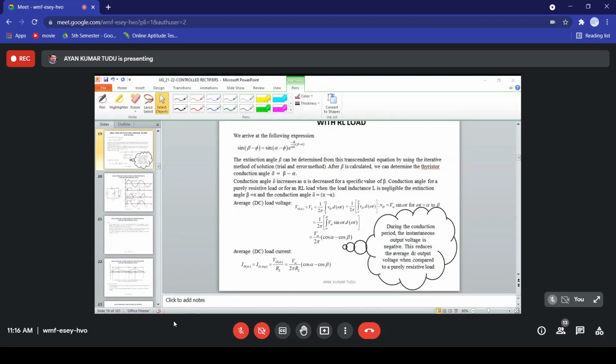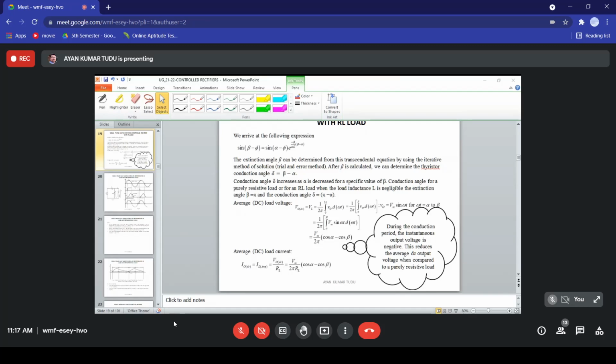If you compare the average DC output voltage of a single phase half wave phase controlled rectifier with an RL load against a purely resistive load, the average DC output voltage with RL load is less, because the instantaneous output voltage is negative during conduction from omega t equal to pi to omega t equal to beta.